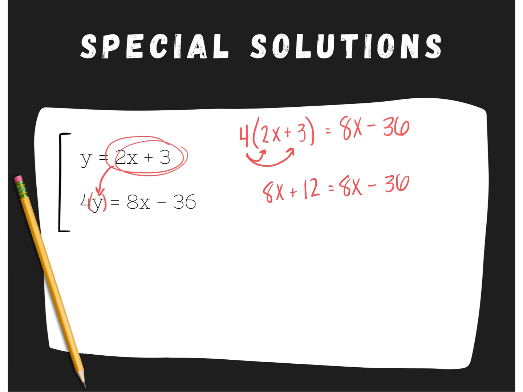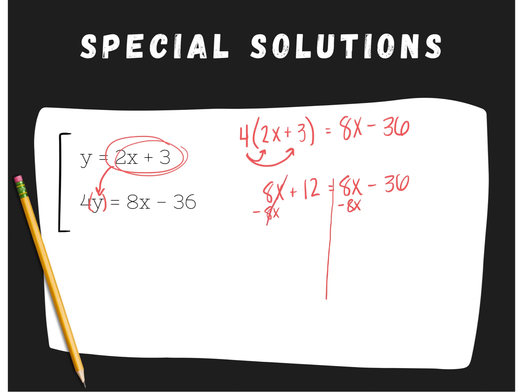And I see that I have x's on both sides of my equation, and just like last time, I need to move one of them over. I usually move them over to the left, not because that's any more right or any better than any other way. It's just the way my brain works, I guess. So I will subtract 8x, but whatever I do to one side, I have to do to the other. Now look what happened.